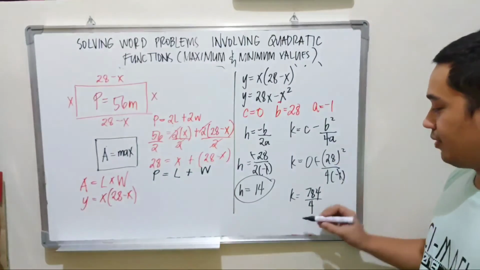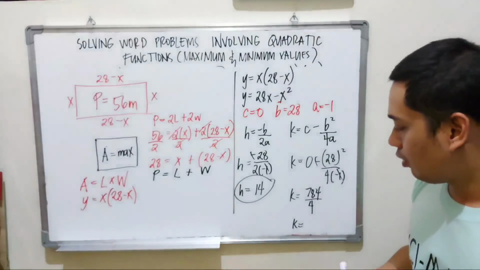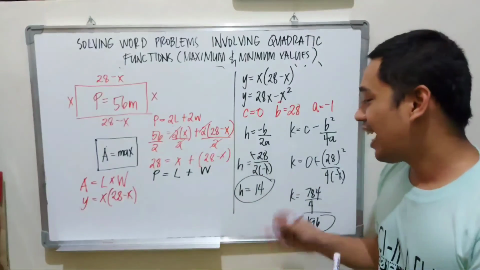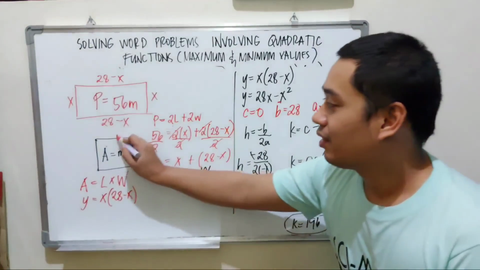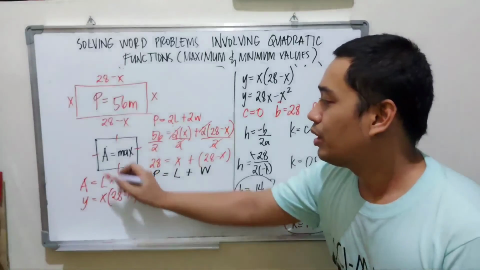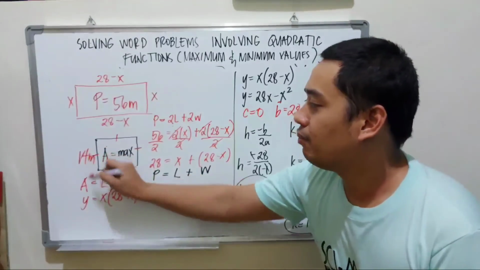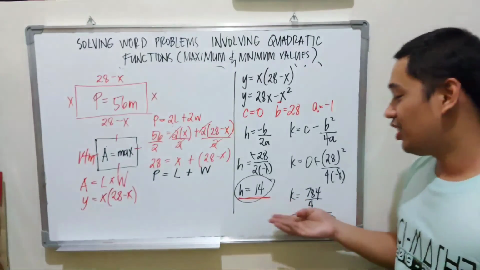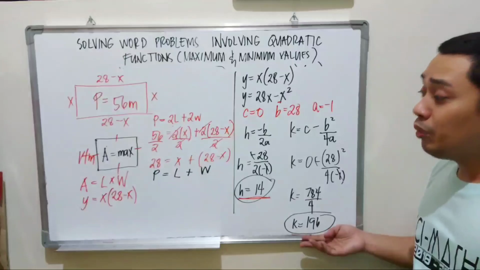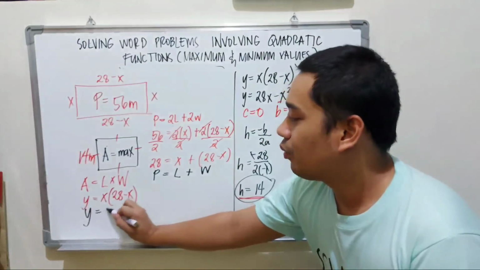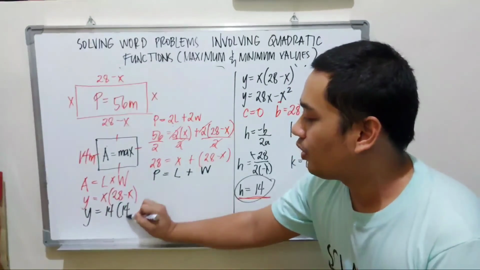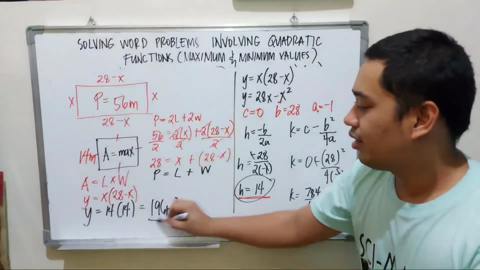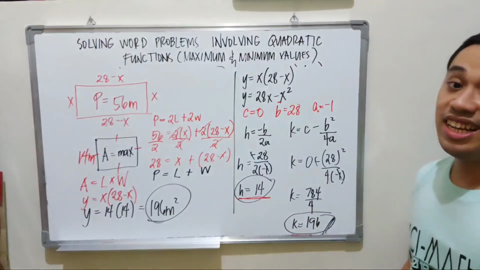Canceling out the negative sign. Then K is equal to 196. Yan. So, ang magiging side daw ng ating square, apat yan, will be equal to 14 meters. And so, if our h is 14 meters, then the maximum area will be at y is equal to 14 times 14 or equal sa 196 square meters or yung value ng K natin.